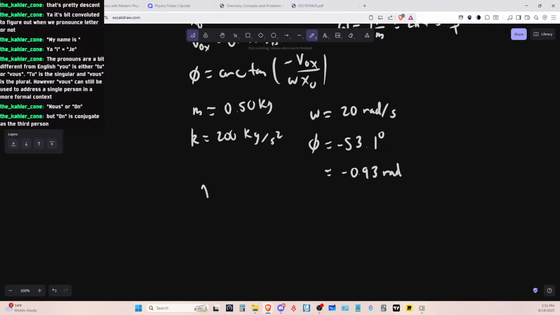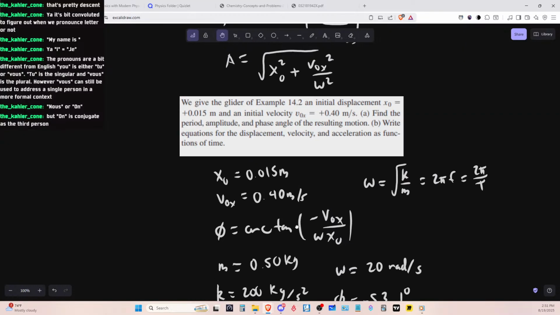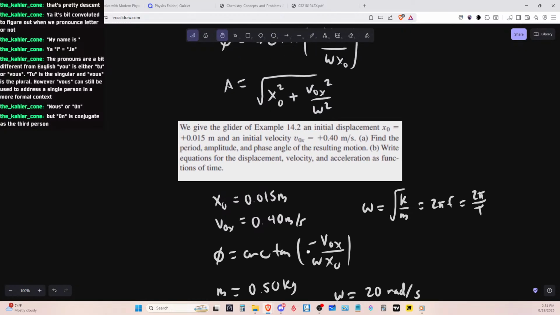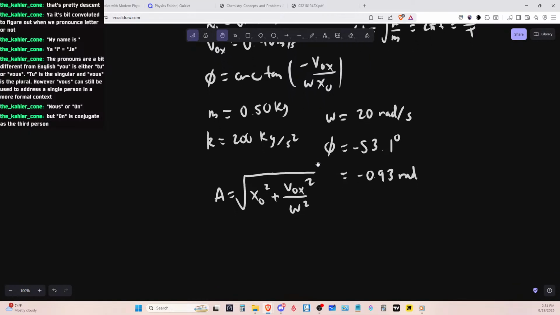For A it will be the square root of x naught squared plus v naught x over omega squared. Is that it?